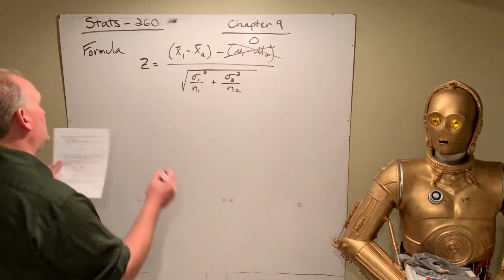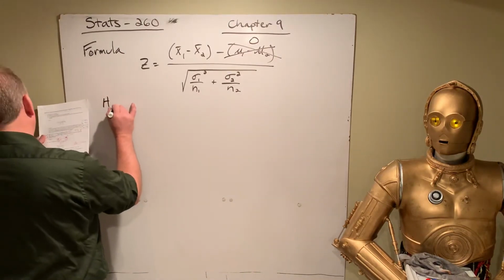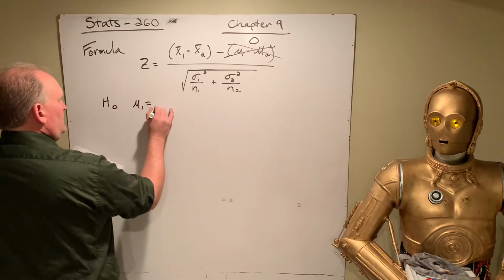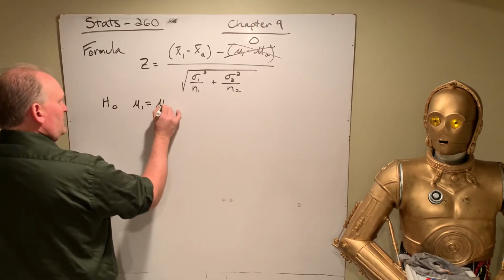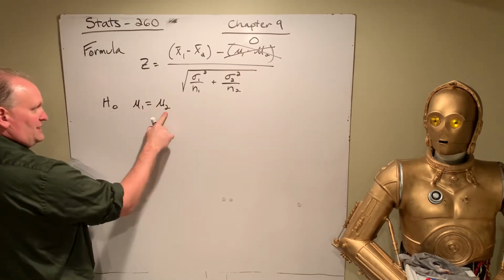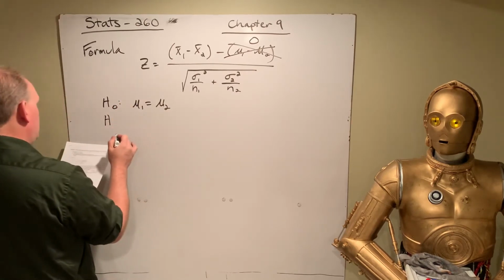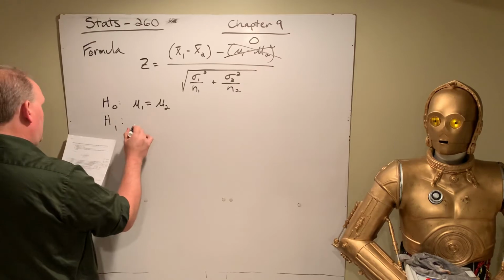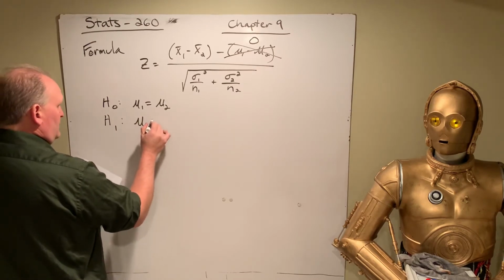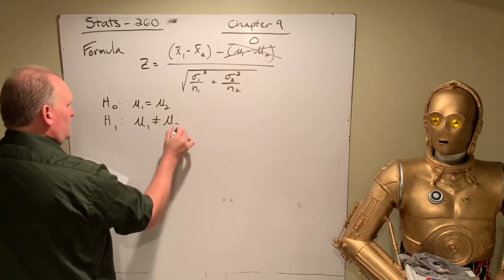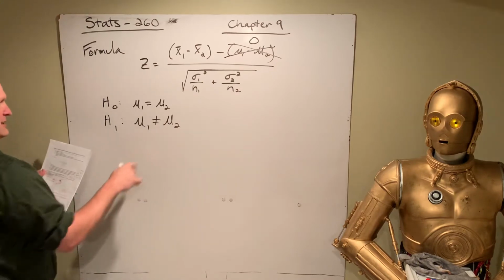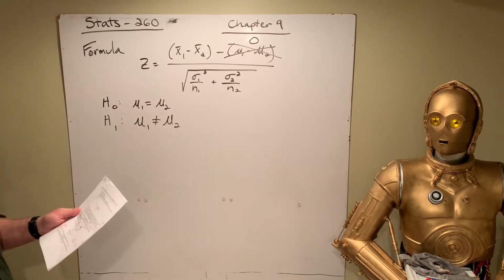So we have the null hypothesis, which is the mean of the first population is the same as the mean of the second population. That's the null. The alternative is that they are different. It didn't say one is higher than the other, just different. So that makes this a two-tailed test.